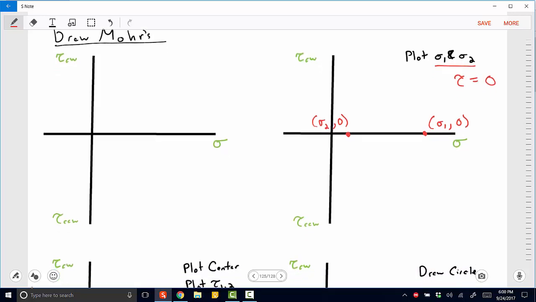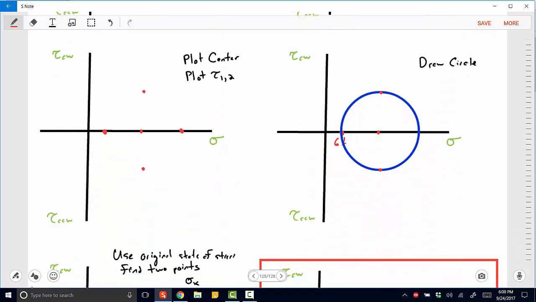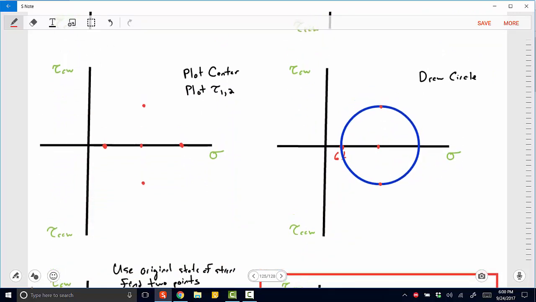Once I've found those points, the next step is I plot the center of my circle, remembering that the center is located at sigma average and 0.